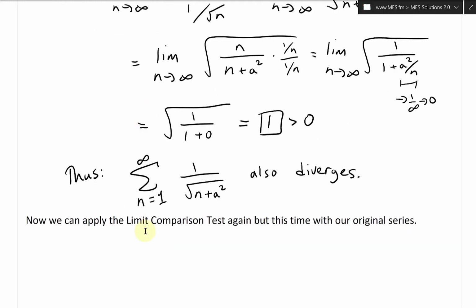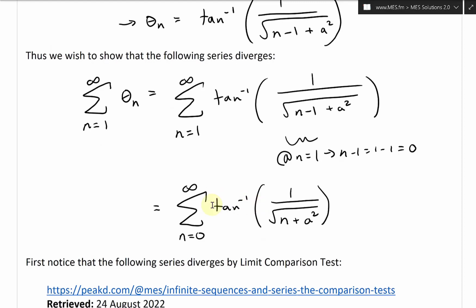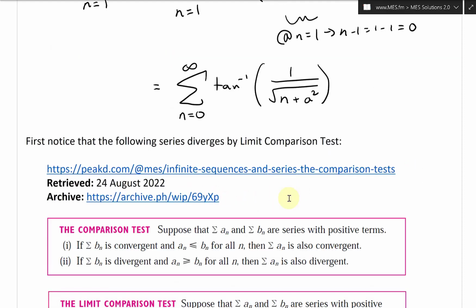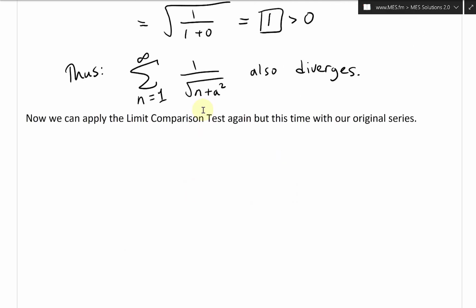And now we can apply the limit comparison test again, but this time with our original series. So the series we want is this right here. So we'll compare this with this one right here. So I'm going to write the whole thing out.